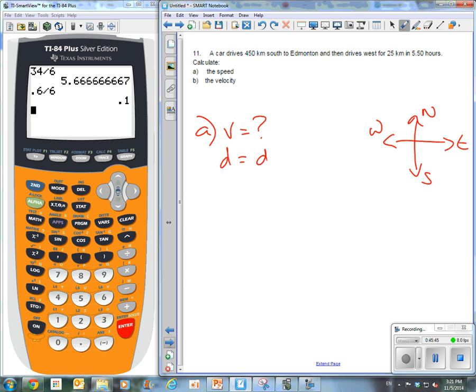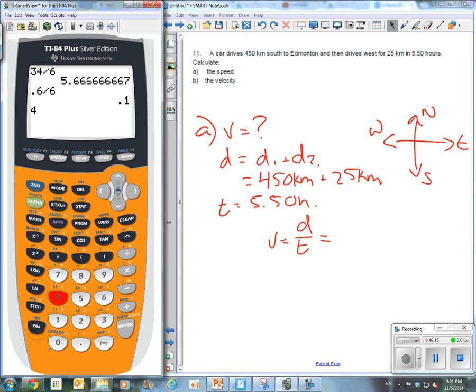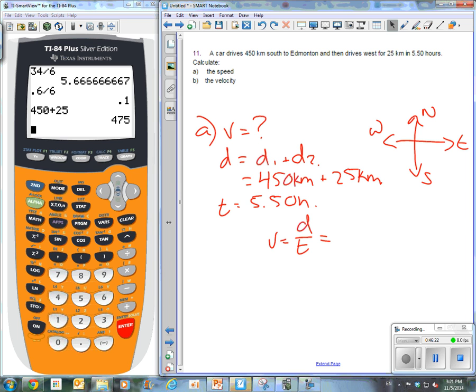Distance is equal to the first distance plus the second distance regardless of direction. So this becomes 450 kilometers plus 25 kilometers. And I've got a time there of 5.50 hours. I'm going to report my speed, which is distance over time, in kilometers per hour. So 450 plus 25 gives me 475 kilometers.